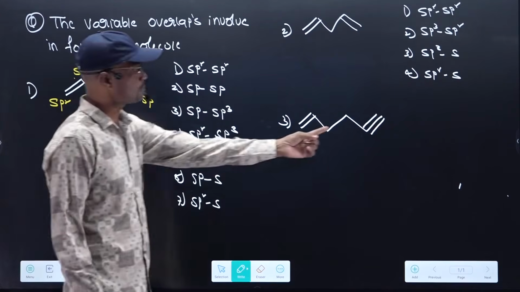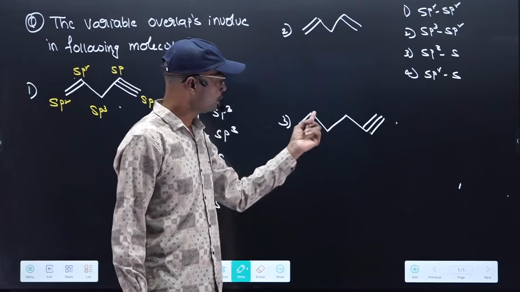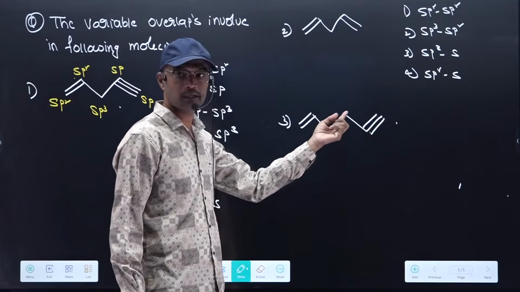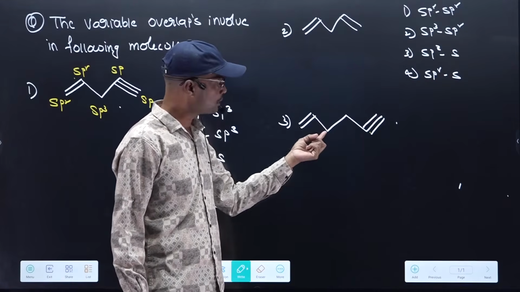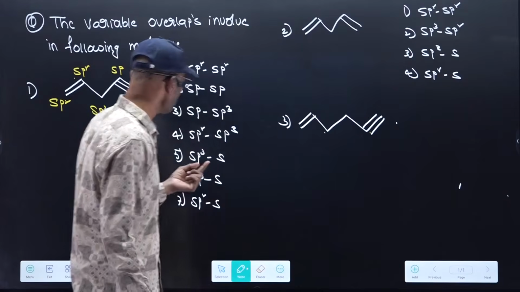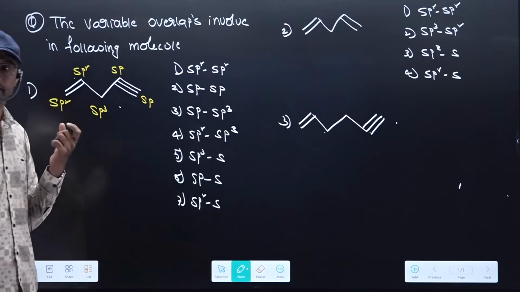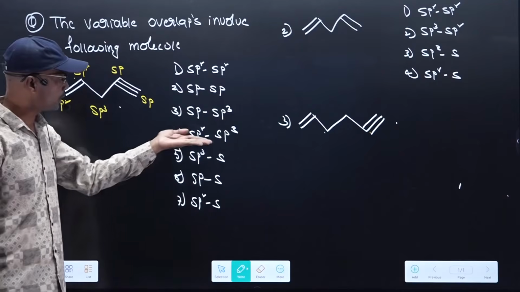Can you expect sp-sp? Is it sp-sp or not? sp-sp, sp2-sp2, sp3-sp3, sp3-sp, then sp3-sp2. Total carbon overlaps are how many? 5 carbon overlaps you are getting. Up to here it remains the same.